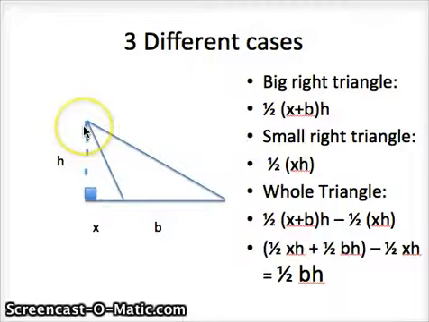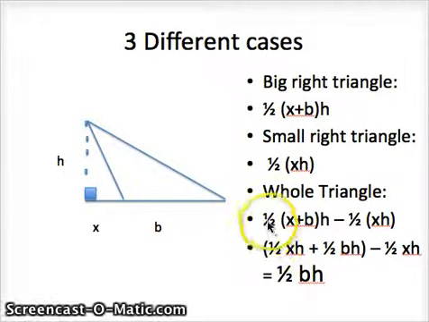So the whole triangle that we're looking for is this solid blue line, and we can find that by subtracting the small right triangle from the big right triangle. So we have 1/2 (x plus b) times height, which is our big right triangle, minus 1/2 x times h, which is our small right triangle.